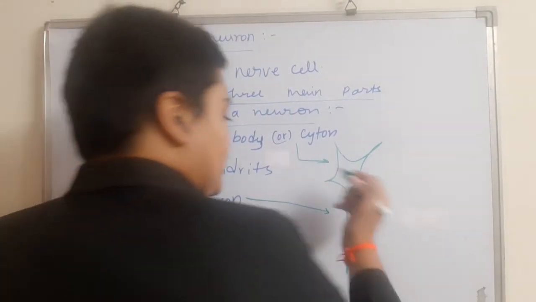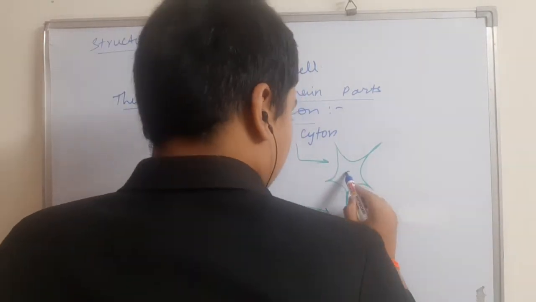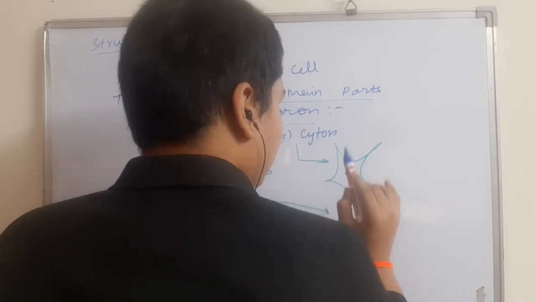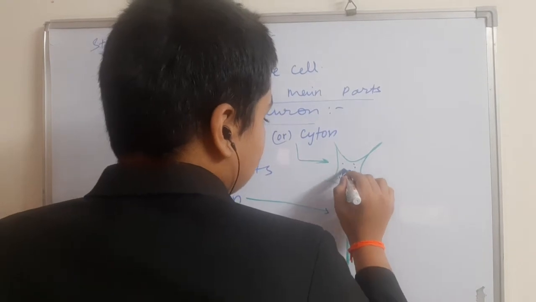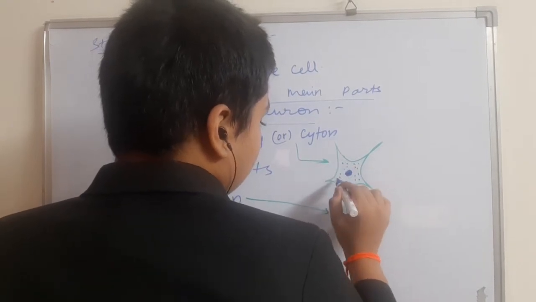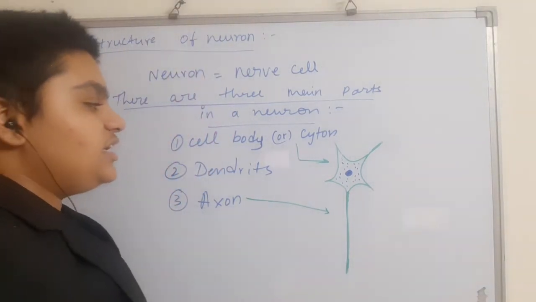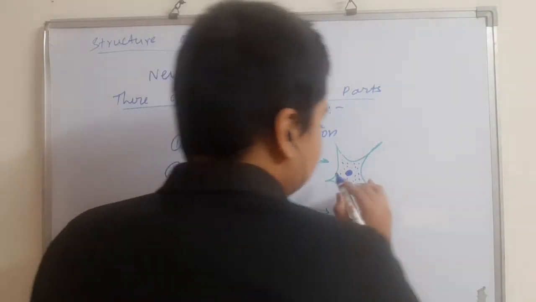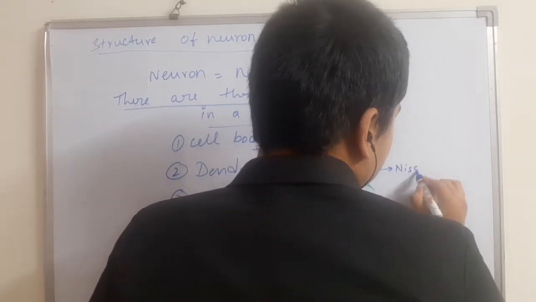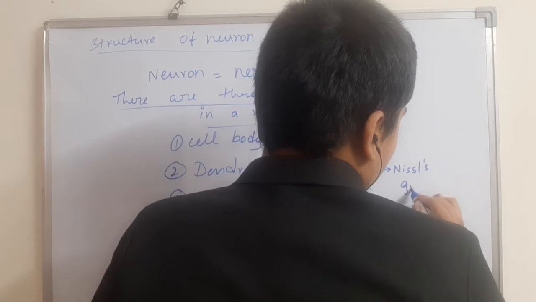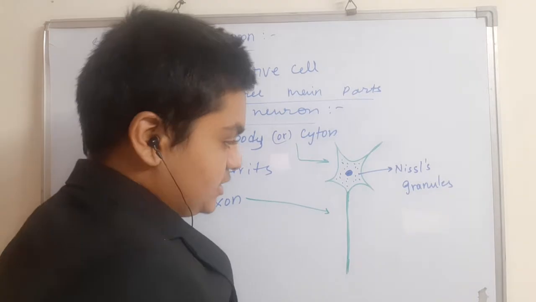Now, there is some special thing which is present in every cell, the brain of it, the nucleus. The cytoplasm has specialized structures called Nissl's granules, which are even present in the dendrites.